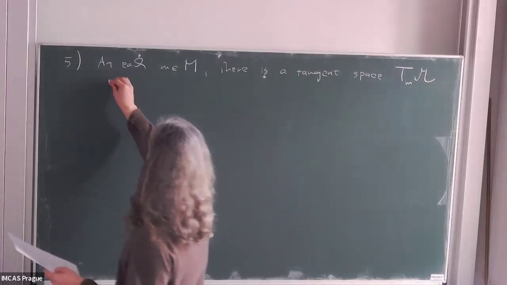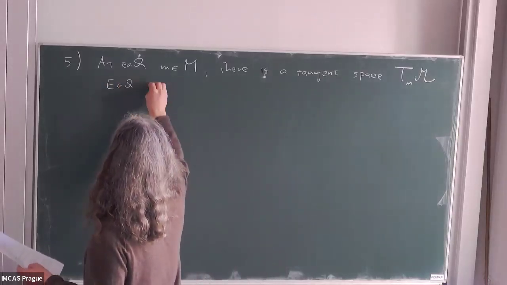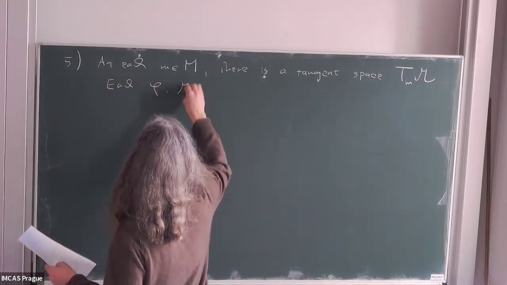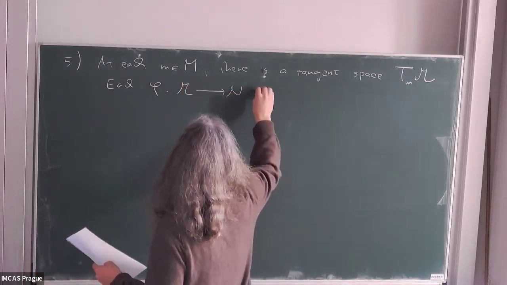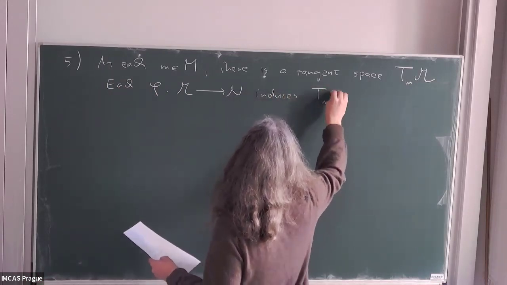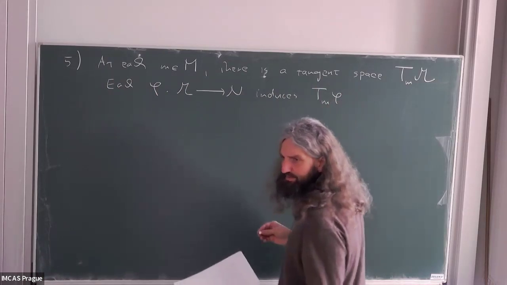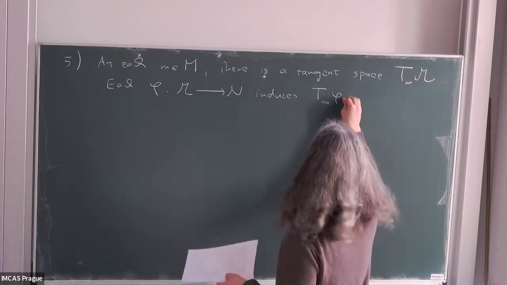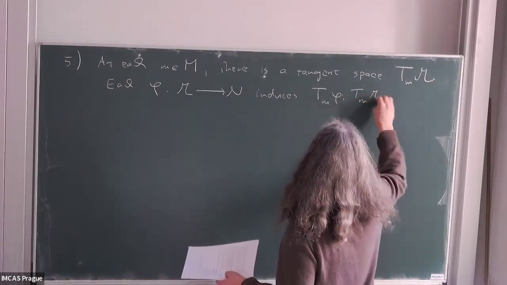And what is important is that each graded smooth map from curly M to curly N induces, for each point, the tangent map, which is just a graded linear map of degree 0 between two tangent spaces.